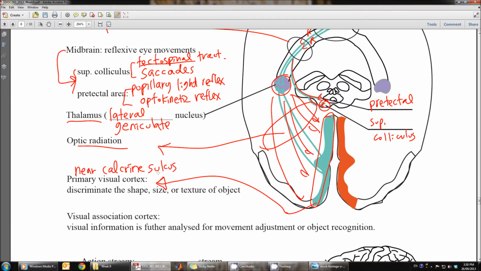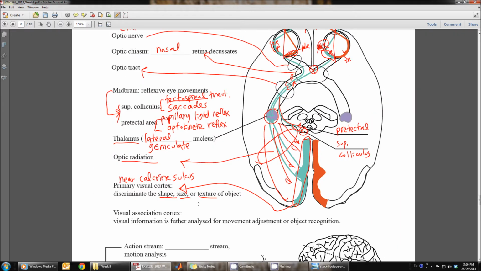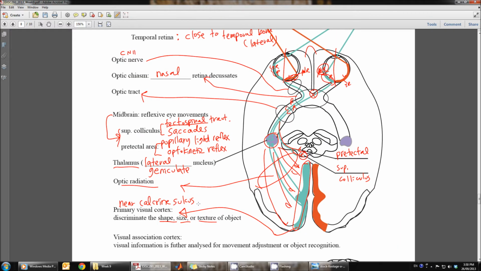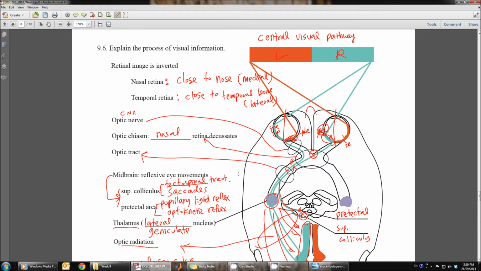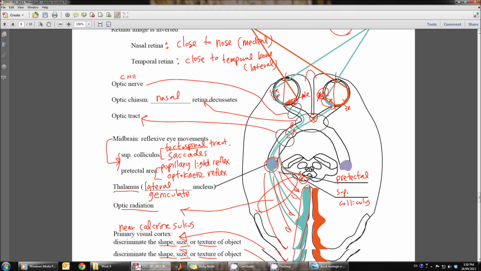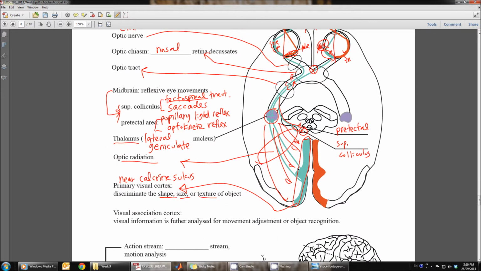And when the information arrives at the cortex, we can be aware of the shape, size, color or texture of the object. So we can discriminate those aspects of the visual information. And all the visual information will be related to the opposite side of the visual field. So you can see all the green information ends up in the opposite side, which is the left visual cortex.